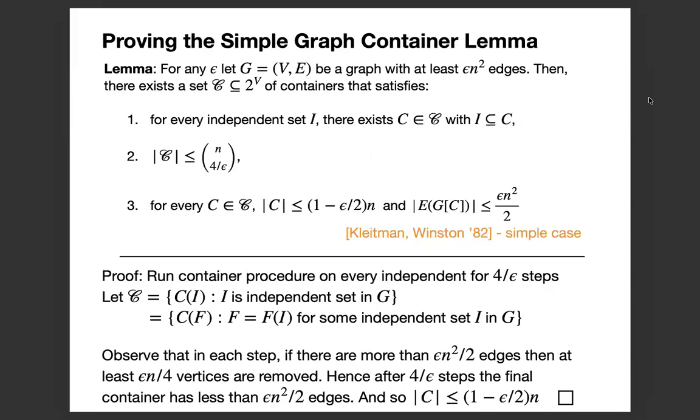Yeah, something from the figure: the container itself need not be an independent set. That's right. In fact, they won't be. Yeah, makes sense. The procedure normally ensures that whatever it produces is itself an independent set. An alternate way to prove containers would be to consider all the maximal independent sets.